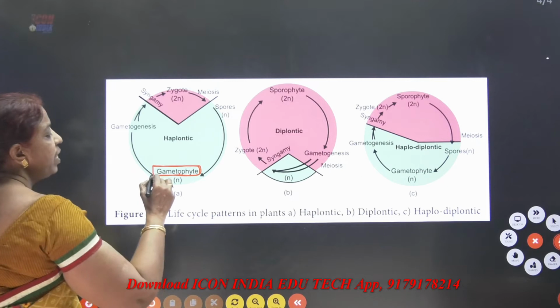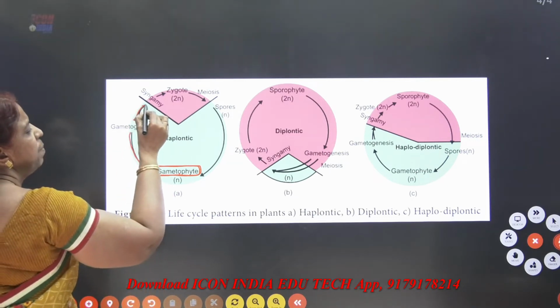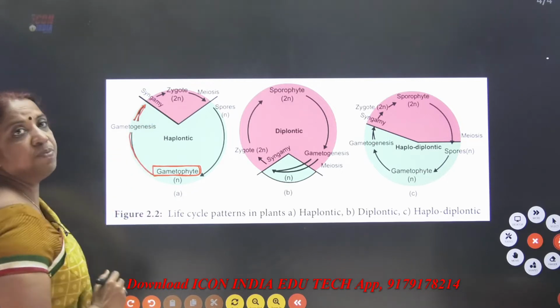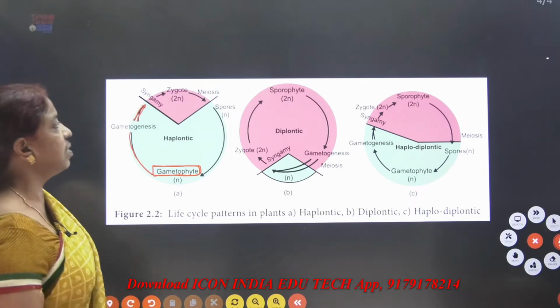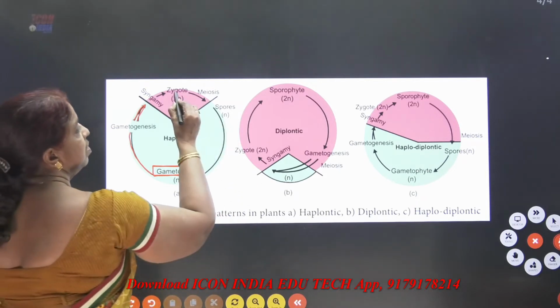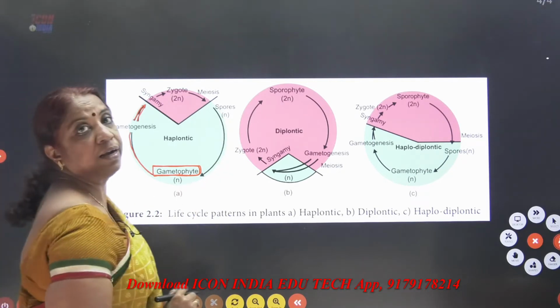So in the Diplontic life cycle, the dominant one is the gametophyte. The gametophyte gives rise to gametes. The male gamete and the female gamete fuse to give rise to the zygote. The zygote undergoes meiosis, gives rise to spores, and the spores give rise to the gametophyte.